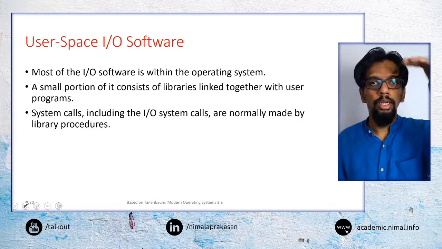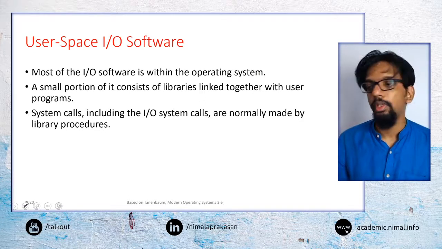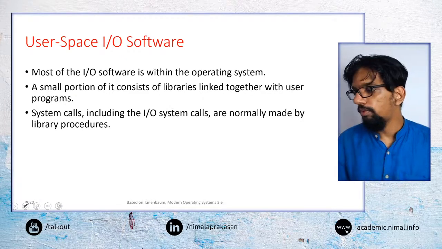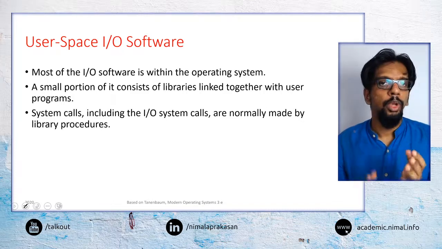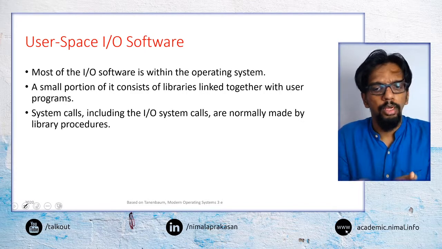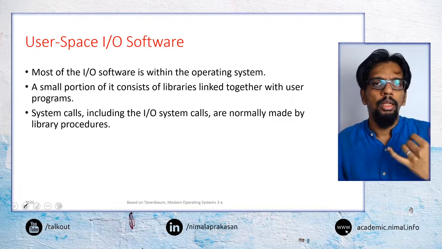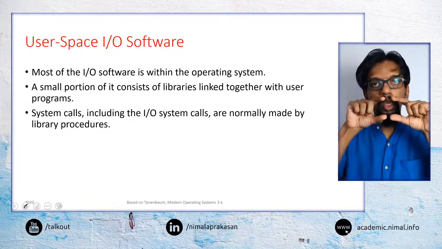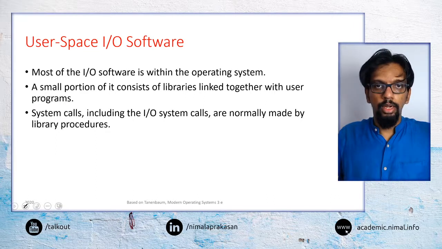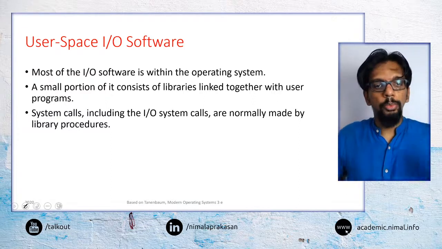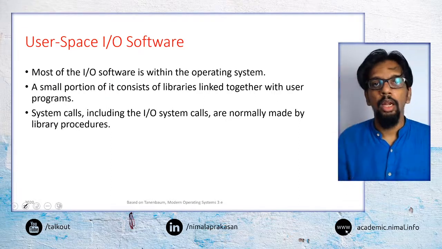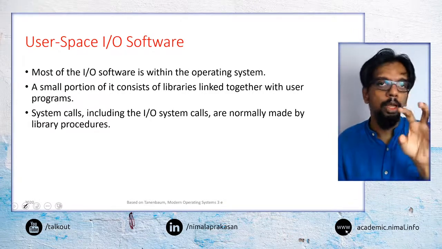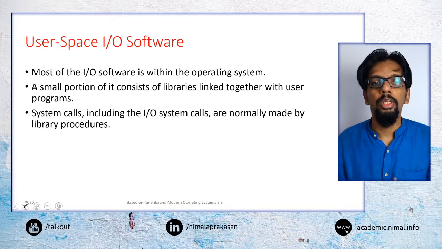Then at the very top of the layer is where we would have the user I/O software, and user I/O software is basically any software component that is relevant to communicating with these I/O devices. So even though we have this device independent software layer, even inside our user space software layer, we may have some libraries included to do some specific communication related to input output.